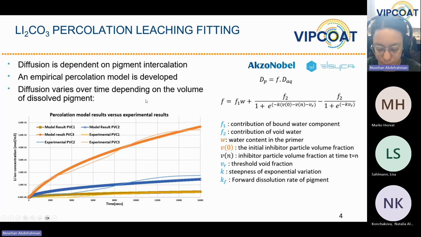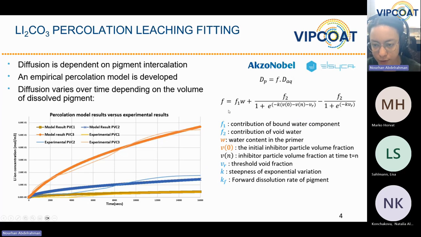Now, to go into a bit more depth on the experimental inputs that we have: a software from our other partners, Elsyca, implements a percolation model equation that tries to fit the experimental data that we have to the parameters in the equation.